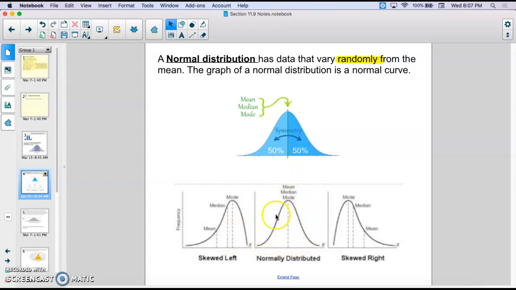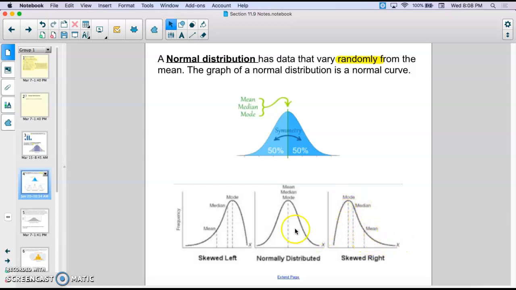Here's our perfect world situation, but there are times where your data gets skewed left, and that's where it looks a little bit like this, where the mode and the median are on the right side of your mean. But then there's also skewed right. And I know you're thinking these are backwards. Think of it as where the mean lies.